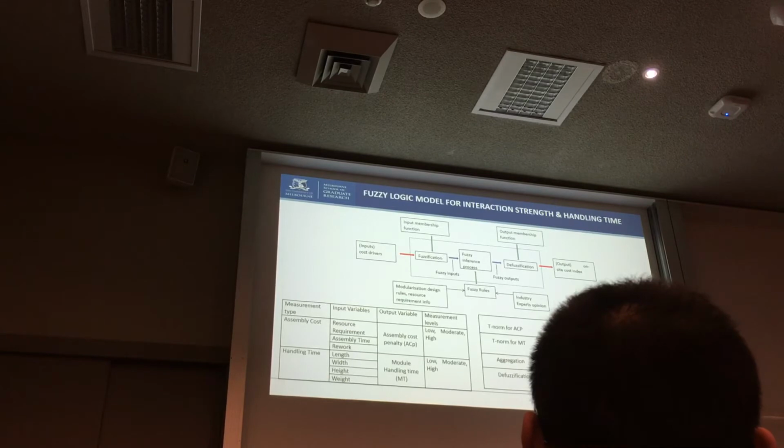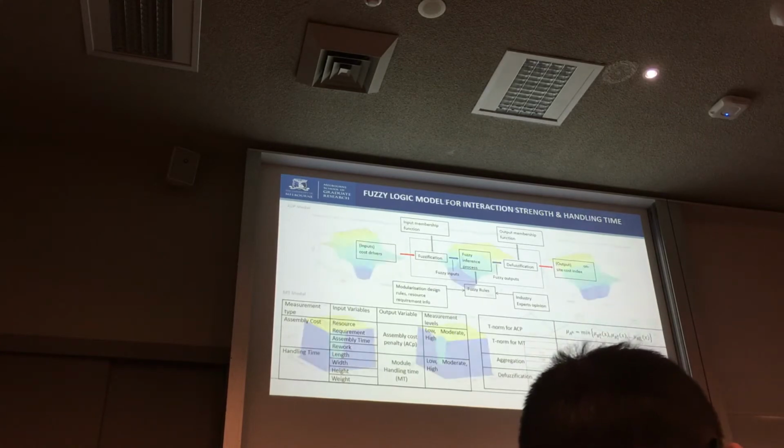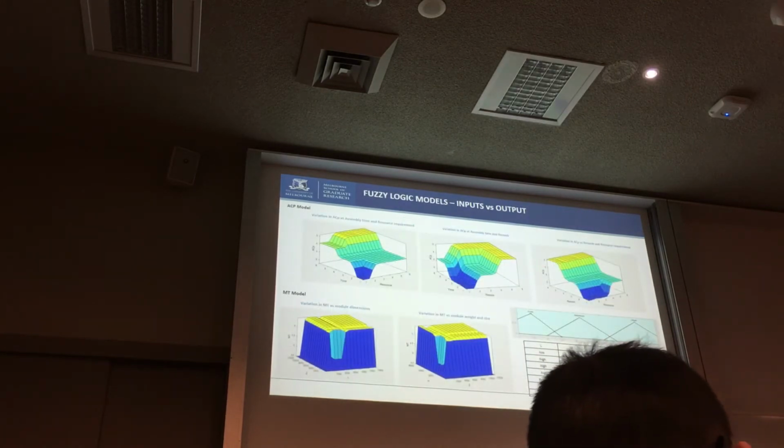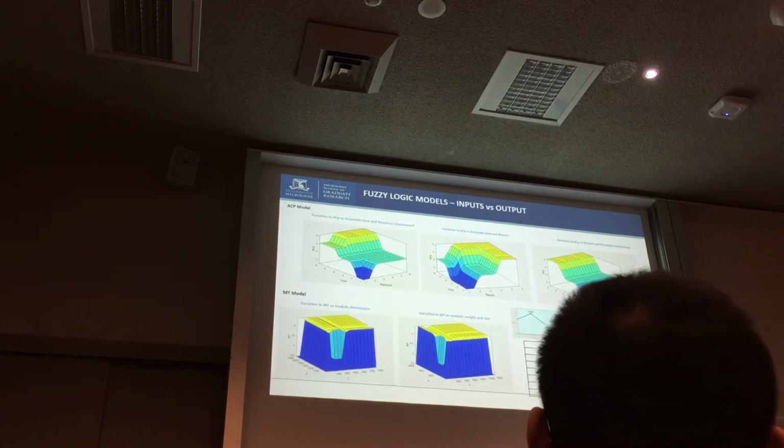Fuzzy logic is also used in estimation of handling time once the configurations are generated. So I won't go into details on the methods used to develop the fuzzy logic model. This is available in the thesis. These are some of the outputs, the variation in the output depending on the input to the fuzzy logic model. Again, the mathematical background to this is also available in the thesis.